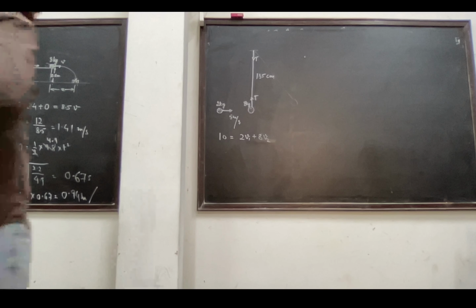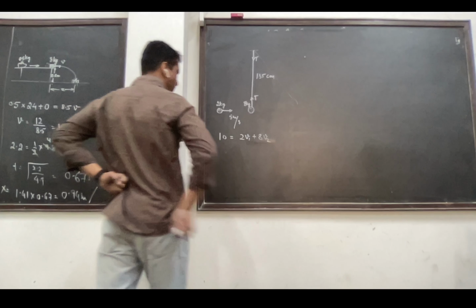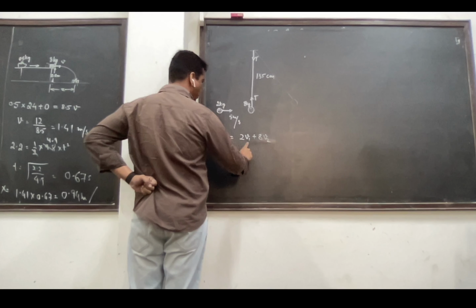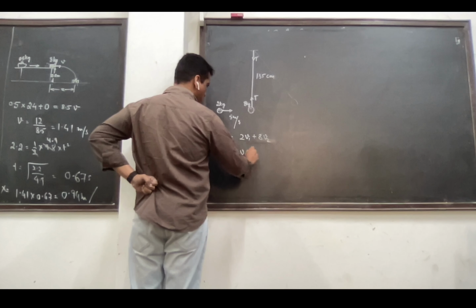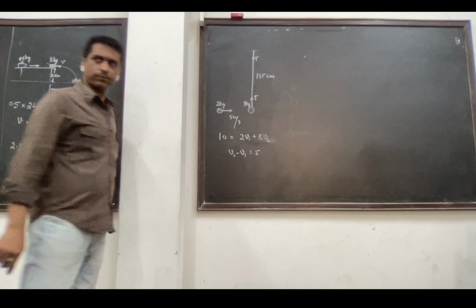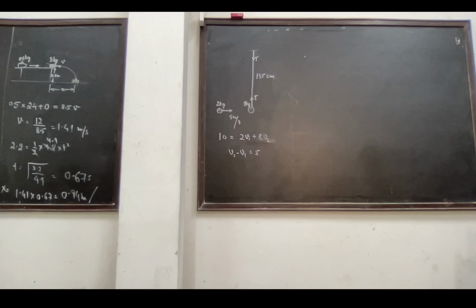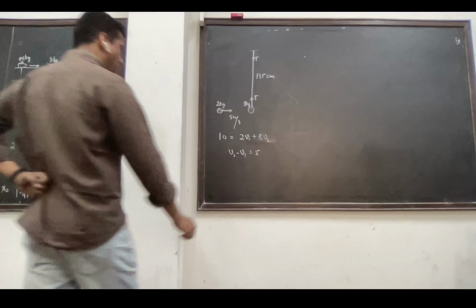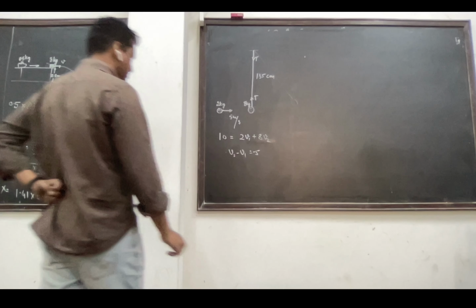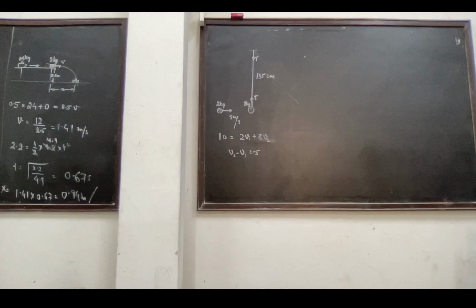What is relative velocity of separation? So V2 minus V1 has to be 5. Let's take this. Or rather minus 5. Heavier will move slower, so it should be minus 5.